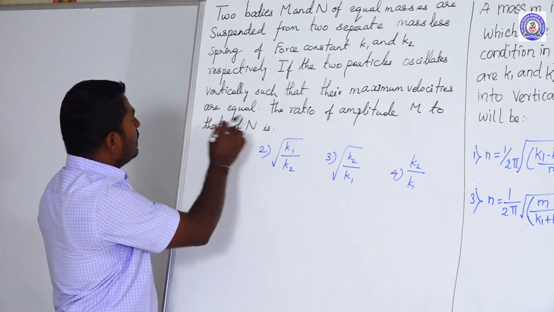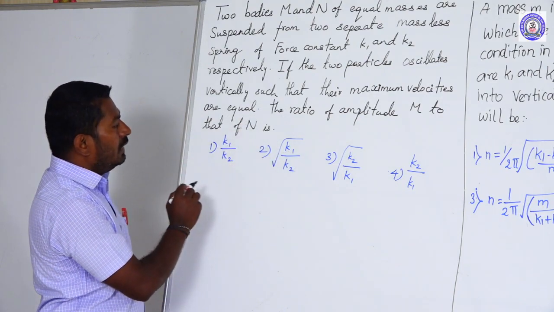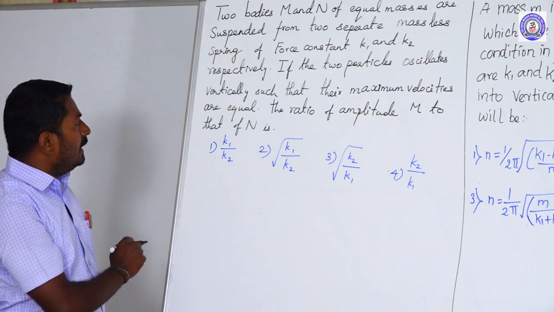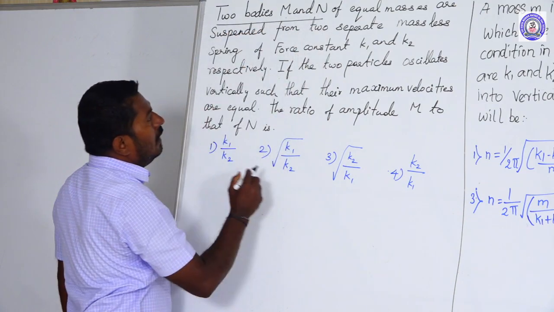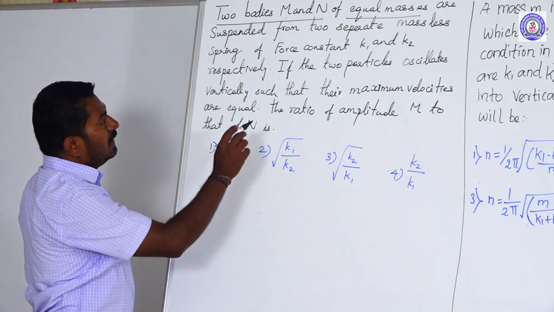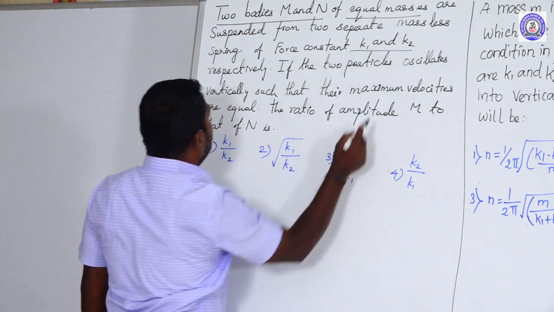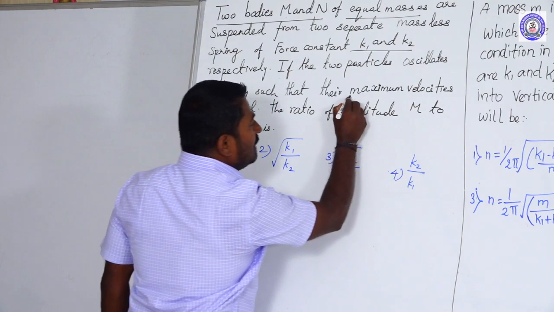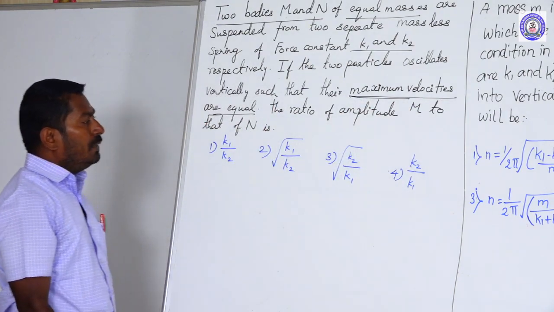If the two particles oscillate vertically such that their maximum velocities are equal, then find the ratio of the amplitude of m to that of n.